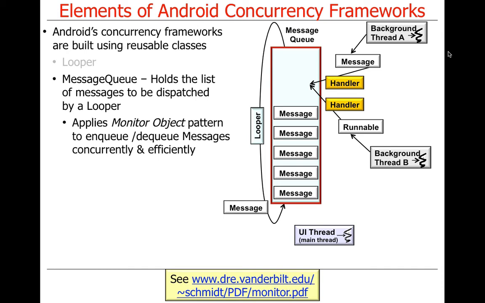And you'll see how monitor objects are used to be able to add messages to the queue. And then there's one thread that can pull messages off the queue and go ahead and dispatch them. So that's the monitor object pattern. Keep in mind that that might or might not use Java's built-in monitor objects. It may use a totally different mechanism, as we'll see under the hood, but the pattern is what matters there.